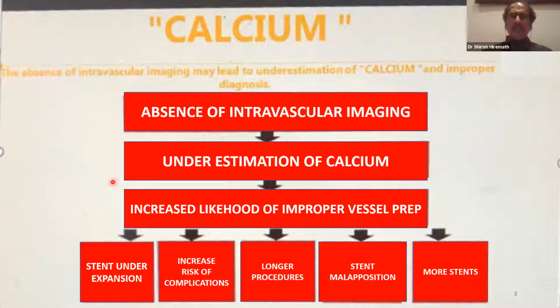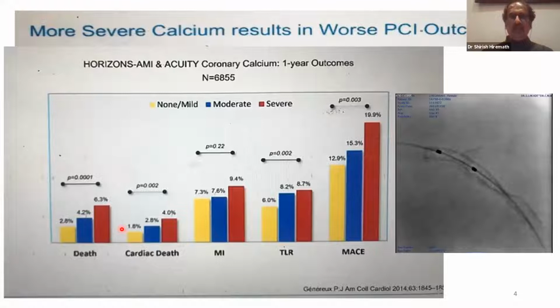So in presence of intravascular imaging, you can make a good decision as to how much is the length of the calcium, how deep is the calcium, and what is the strategy that we are going to follow. Now, this is important because this slide shows that as the severity of calcium increases, worse is the outcome.